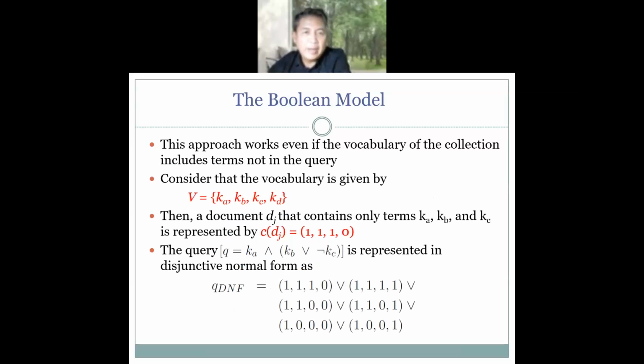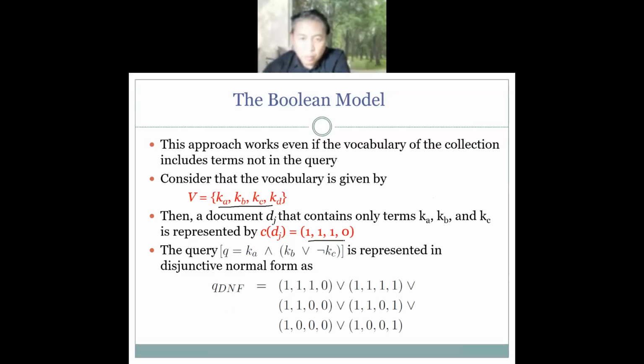Okay. So if we have another example, for example like this, we have this vocabulary, meaning that we have 4 keywords, and then we have the conjunctive of all these terms.